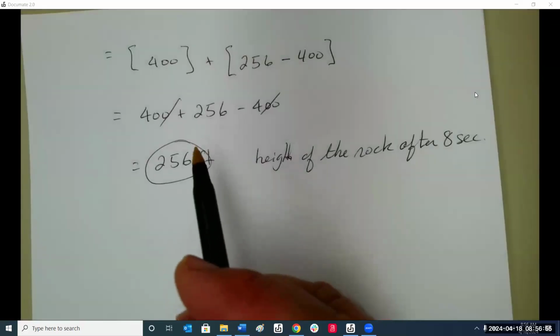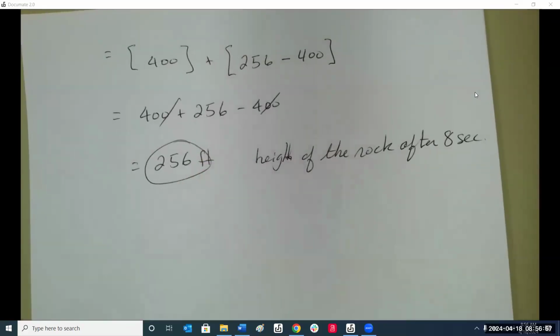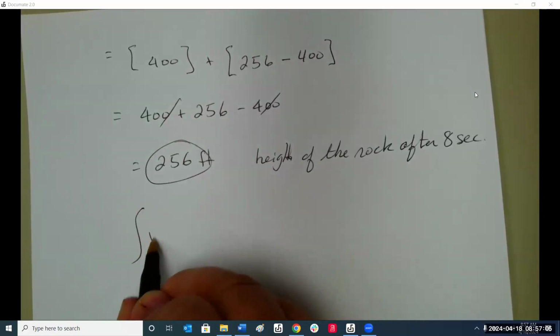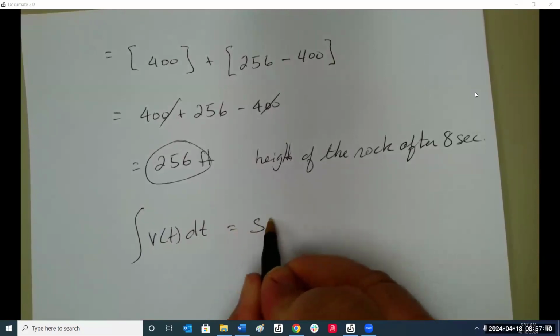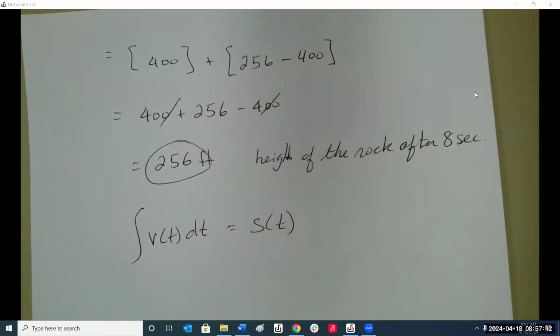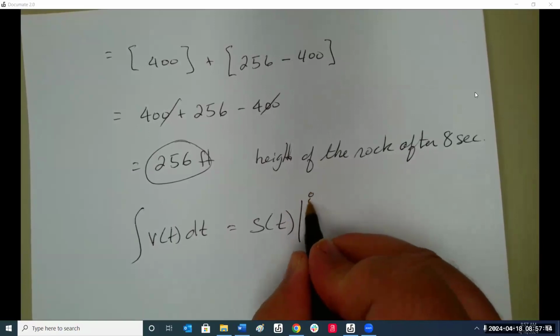Because we took the integral of the velocity, we got the position function, we're solving for s, from 0 to 8.